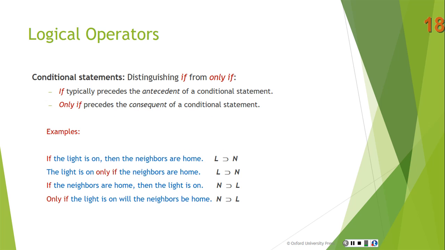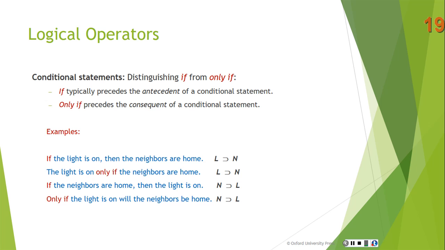So with conditional statements, sometimes they're put as "only if" rather than "if then." And how do you distinguish "if" from "only if"? Well, "if" typically precedes the antecedent of a conditional statement, while "only if" precedes the consequent.